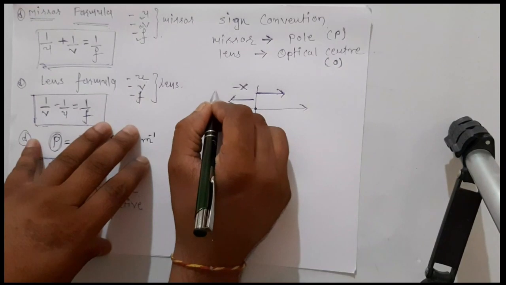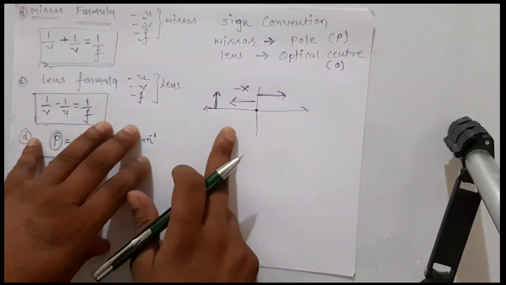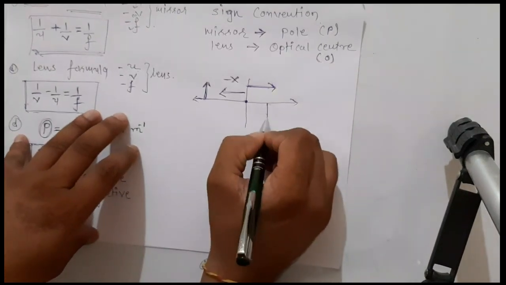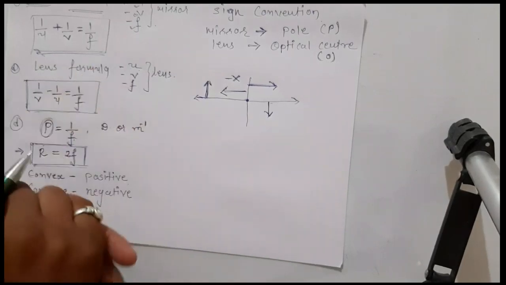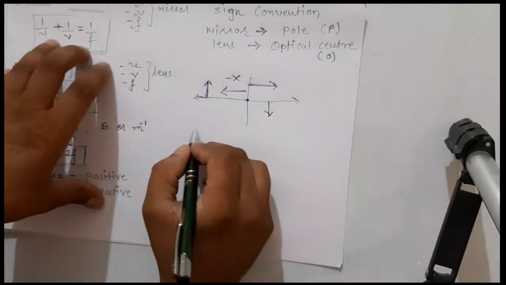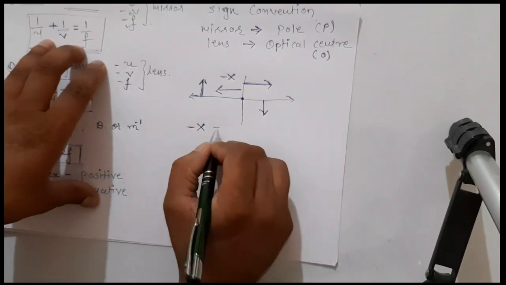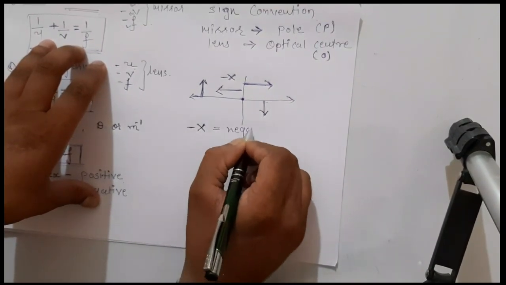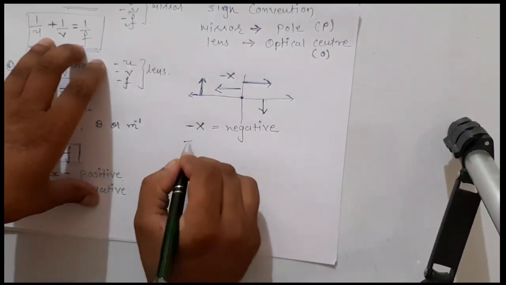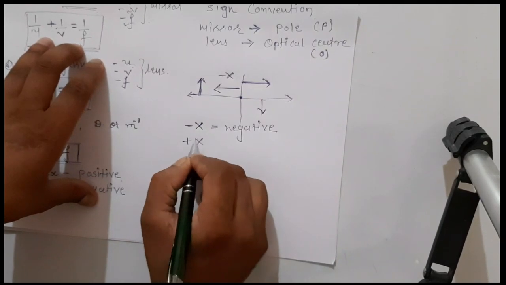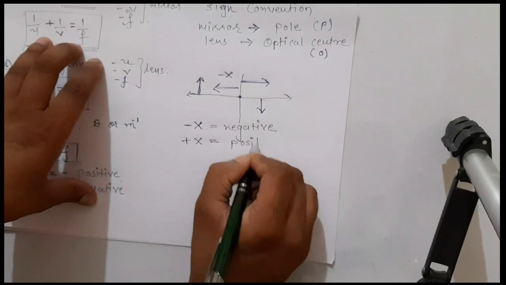Again, if the distance is in the minus x direction, we will have negative. If the distance is in the positive x direction, that will always be positive.